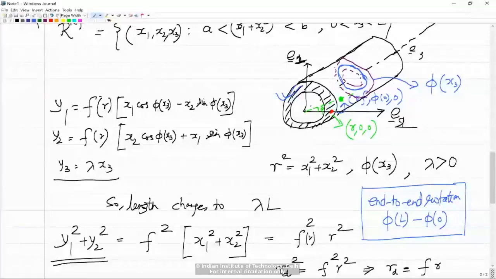First of all, what is the dimension of twist? It is angle by length, so it is length inverse. When you have uniform twist in a beam, then the twist is end-to-end rotation divided by length of the beam. But here this phi of x3 is not changing linearly.